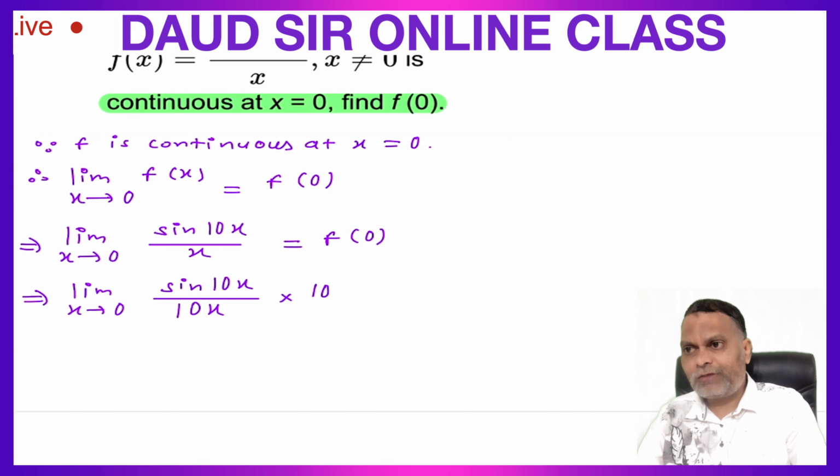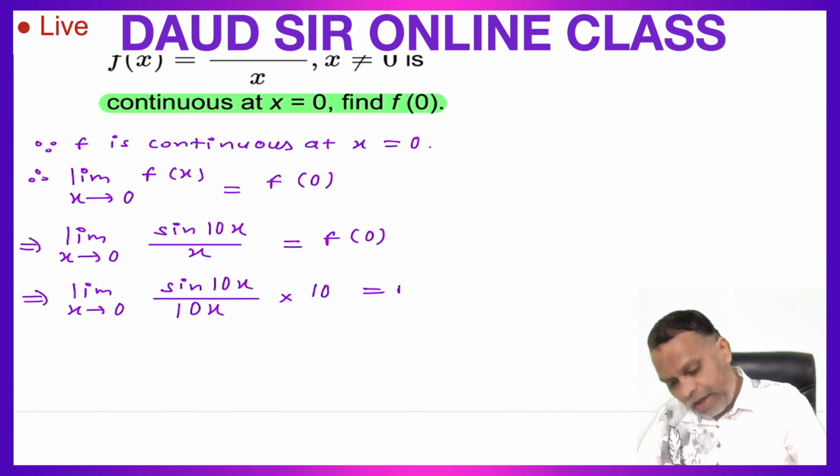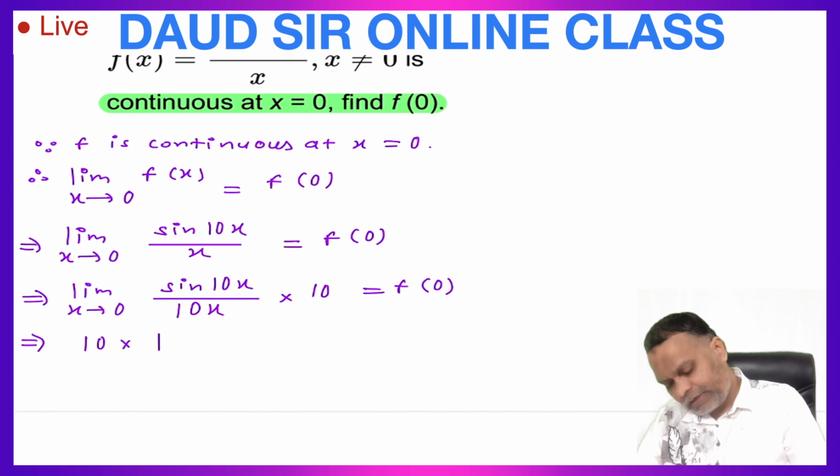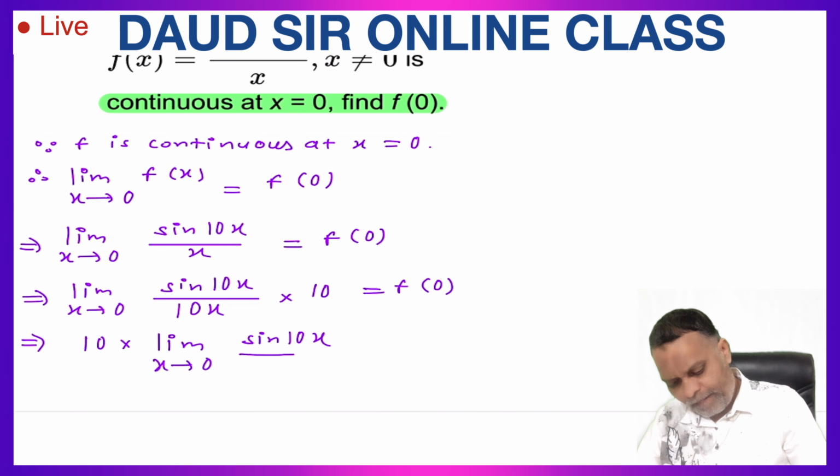Again we will get the same sine 10x upon x. Now limit is equal to f of 0, which implies write this 10 outside the limit: 10 into limit x tends to 0, sine 10x upon 10x is equal to f of 0.